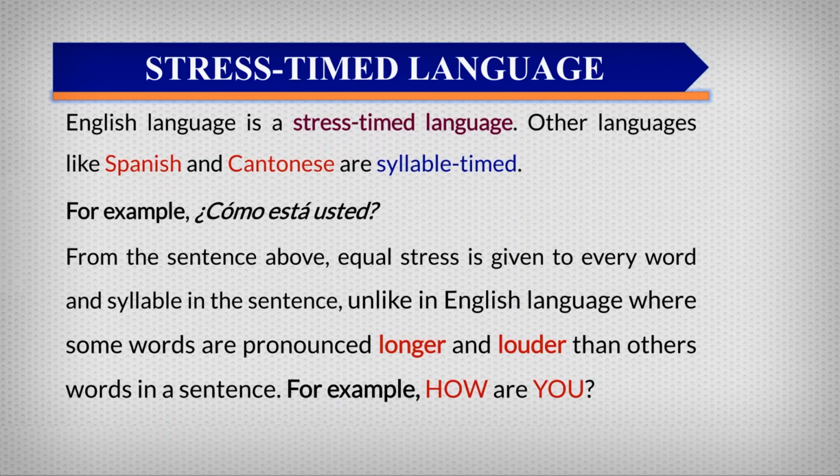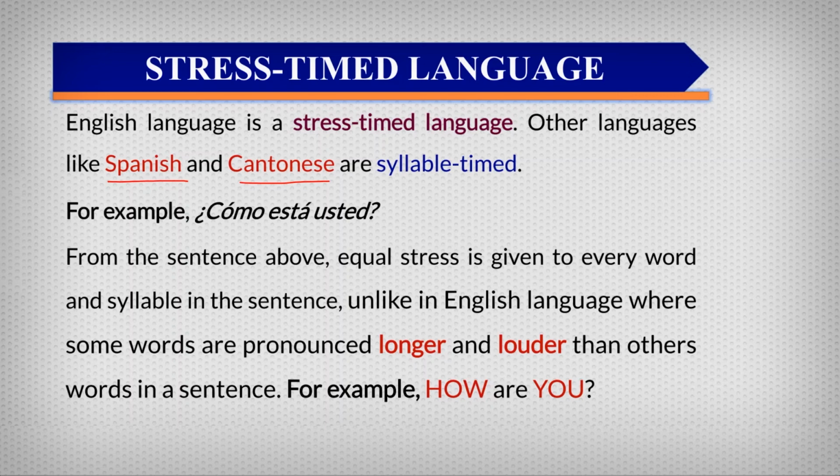It is important to note that the English language is a stress-timed language. There are other languages that are not stress-timed, but they are syllable-timed. Languages like Spanish and Cantonese. Now let's take a look at a Spanish sentence. ¿Cómo está usted?